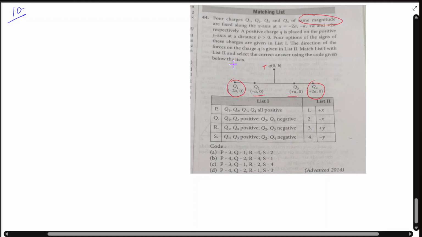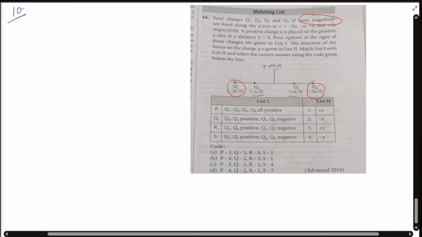So first is a very easy one: Q1, Q2, Q3, and Q4. Now look, this situation is very symmetrical. So Q1 and Q4 will be applying the same force, and Q2 and Q3 will be applying the same force. But the situation is not that simple. We have to resolve them into components.